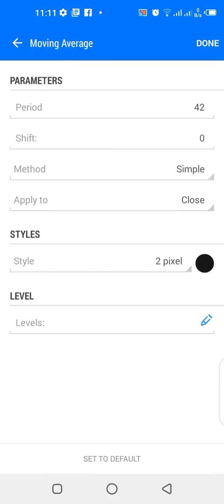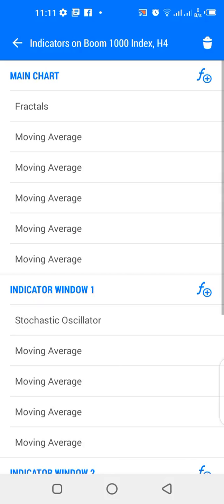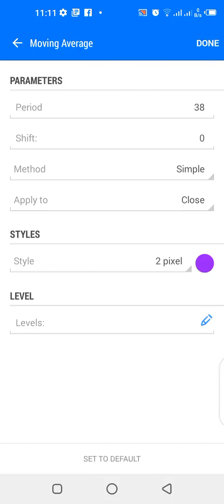Method is simple. Apply to close, and the color is black. Then I have 38 period moving average. Shift is 0. Method is simple. Apply to close, and the color is purple. Now these three moving averages will form the trend line.